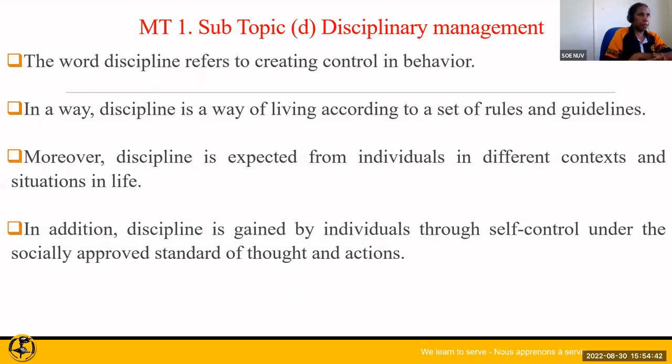Subtopic D, disciplinary management. The word discipline itself refers to creating control in behavior. While management is about managing behavior, discipline is about controlling the behavior. So discipline is really living according to a set of rules and guidelines. As we know, in multi-grade there are multiple children.